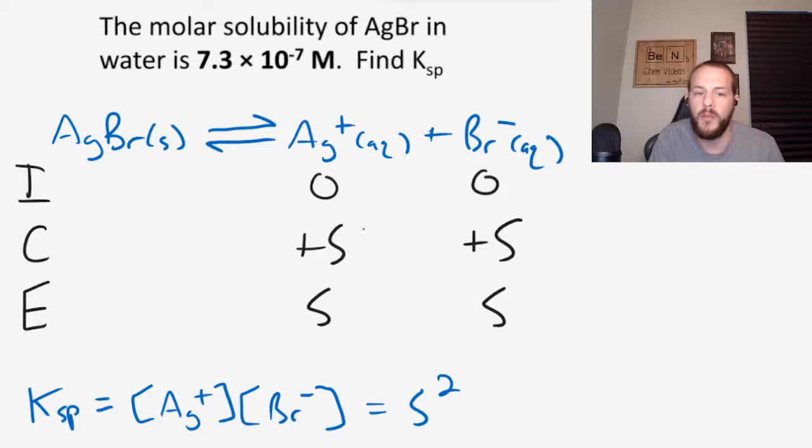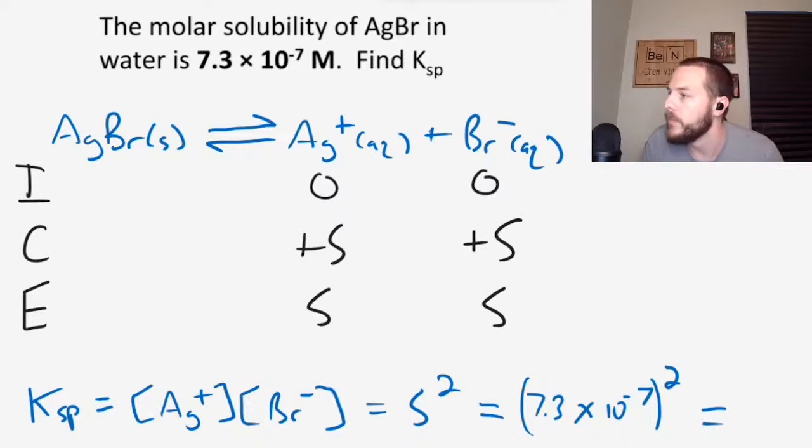So we have the molar solubility, S, that's given. And so really all we have to do is square it to get the Ksp value. And so that's simply going to be 7.3 times 10 to the minus 7, this whole thing squared, and that'll get us Ksp.